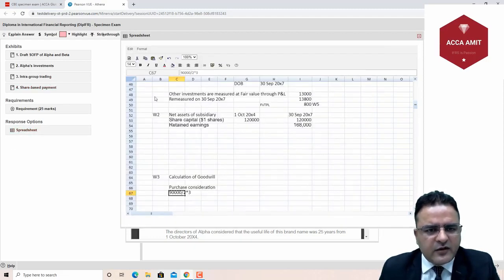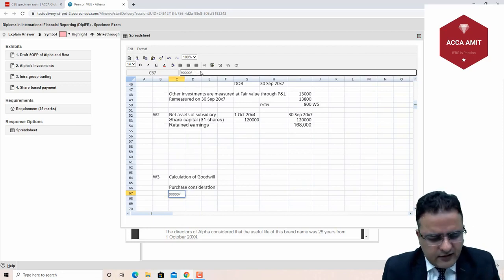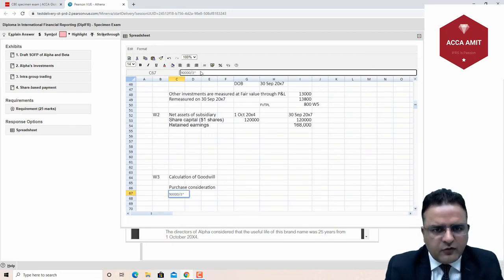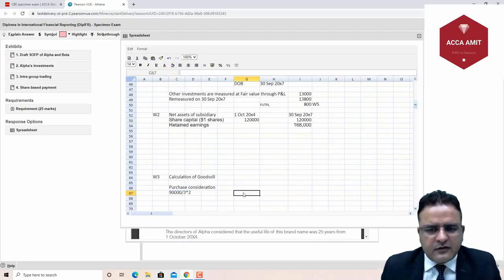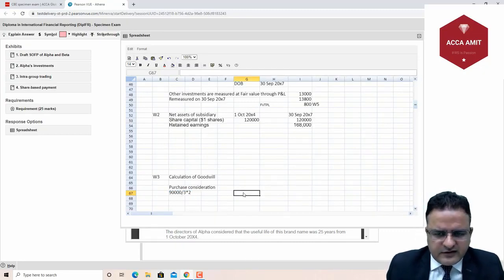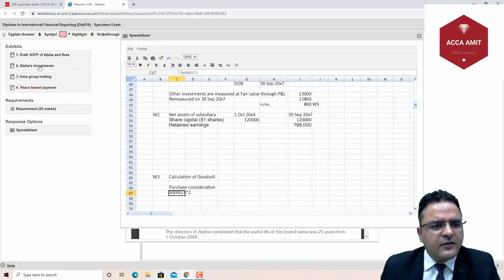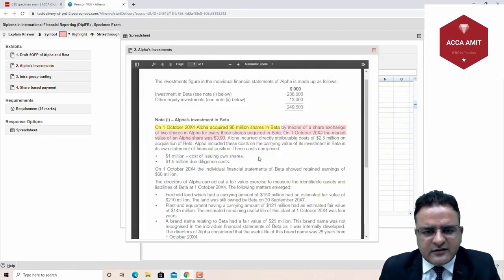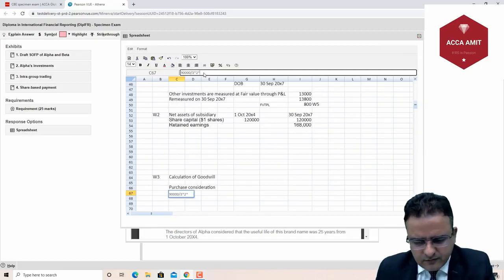For every 3 acquired in Beta means 90,000 divided by 3 into 2. It means the purchase consideration is equivalent to 90,000 divided by 3 multiplied by 2, and the share price of Alpha's share is 3.90, multiplied with 3.90.